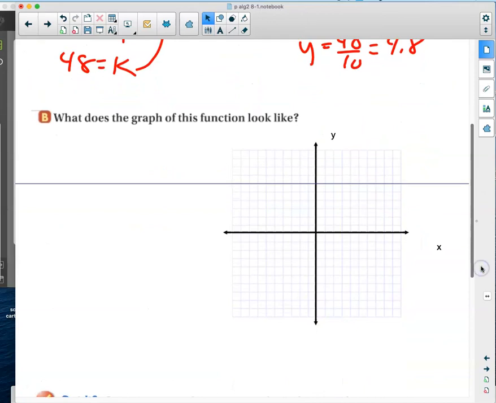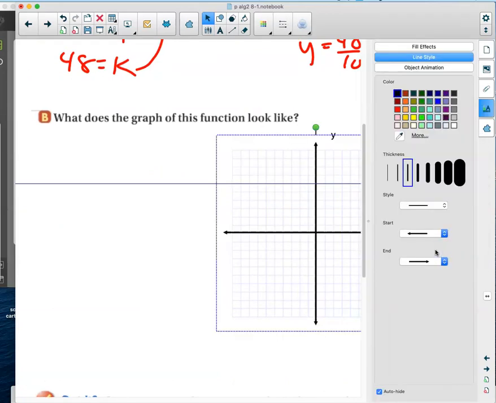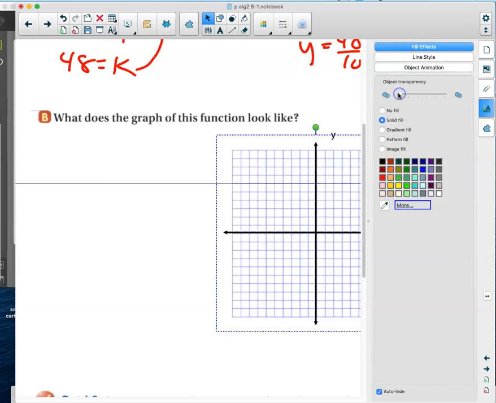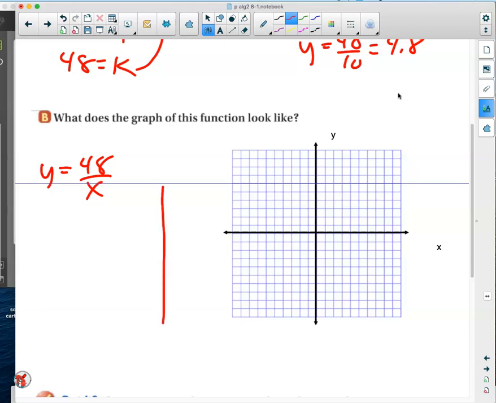And for some reason today, I can't even make out any blue lines on these. So away we go. We have this. And we've never seen a hyperbola before, so we don't know what it's going to look like. So we make a table. And I realize I want to pick numbers that would be between negative 10 and 10.